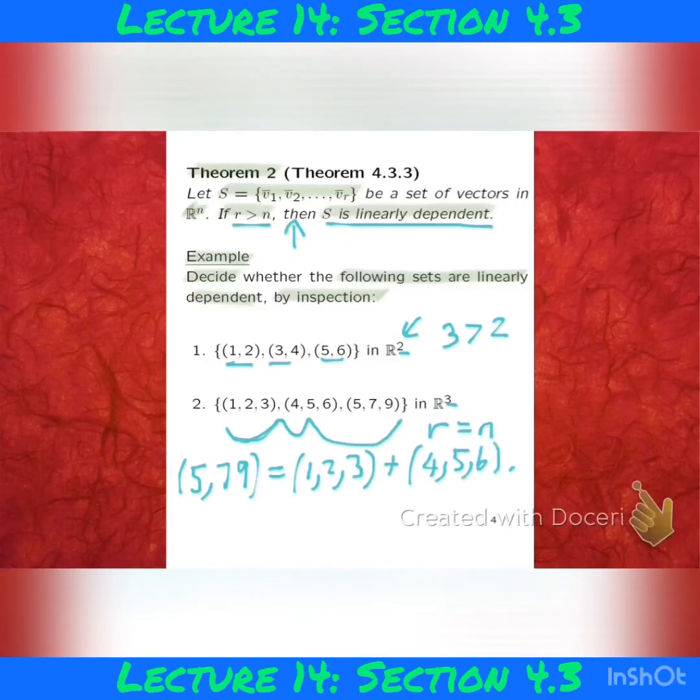So what have we shown? We've shown that this vector here is a linear combination of these two vectors here. So we can conclude that that set of vectors is linearly dependent. Why is that?